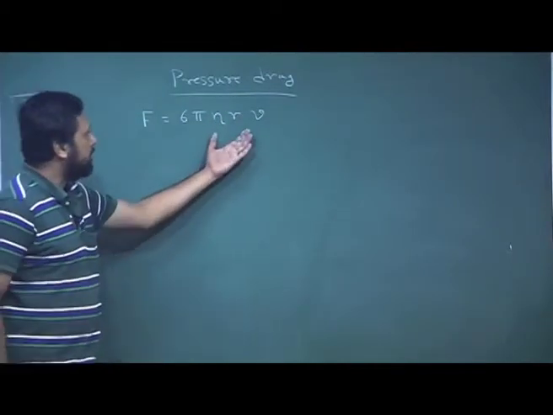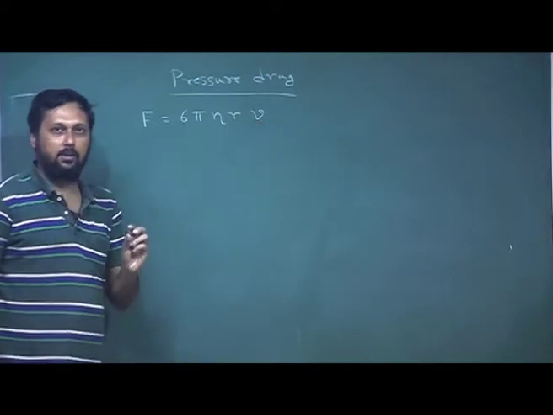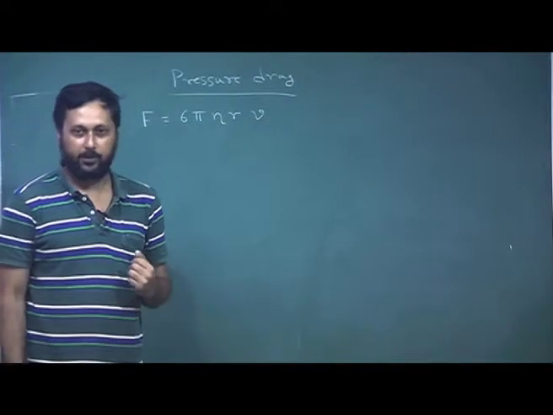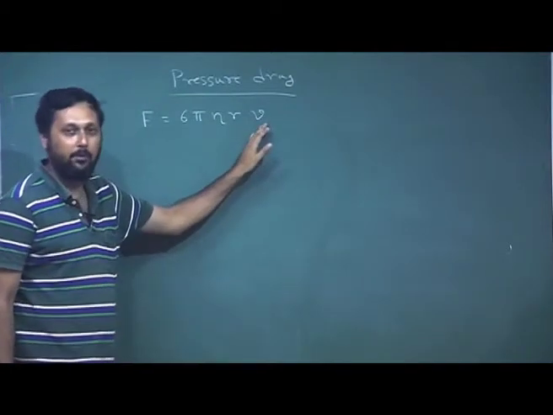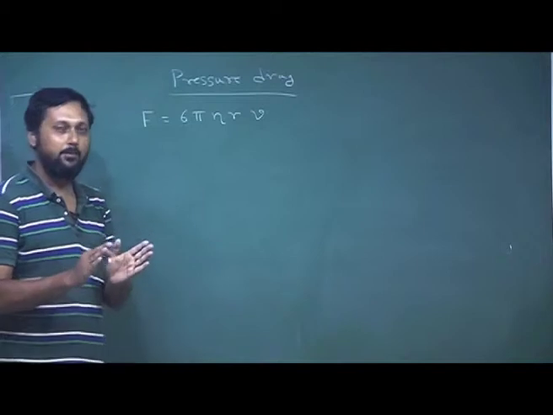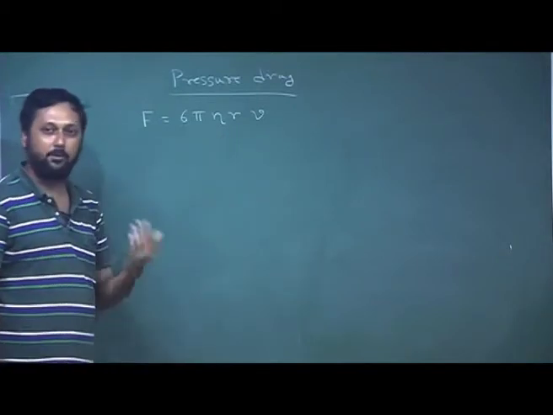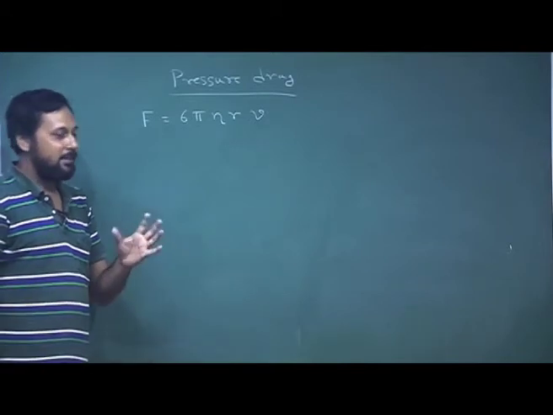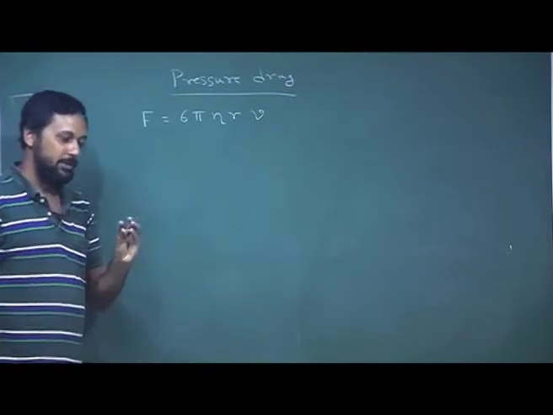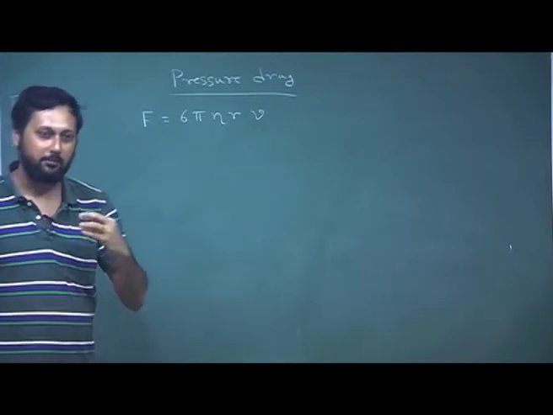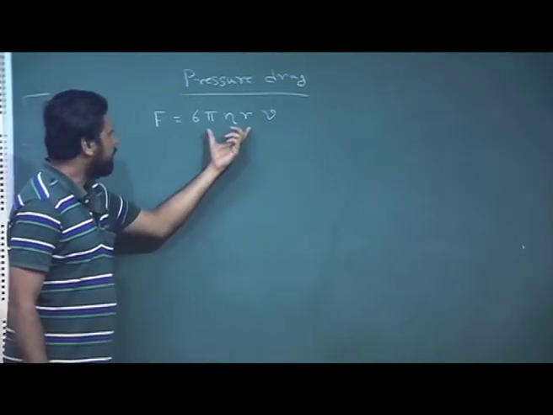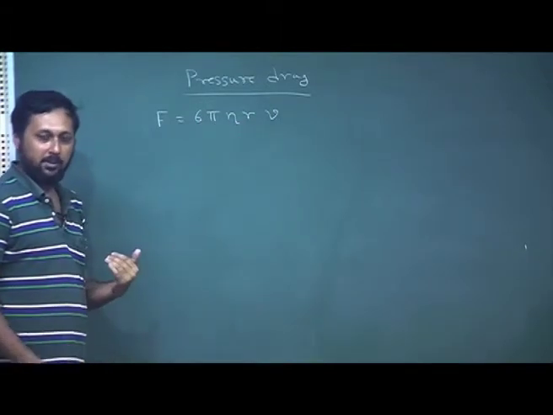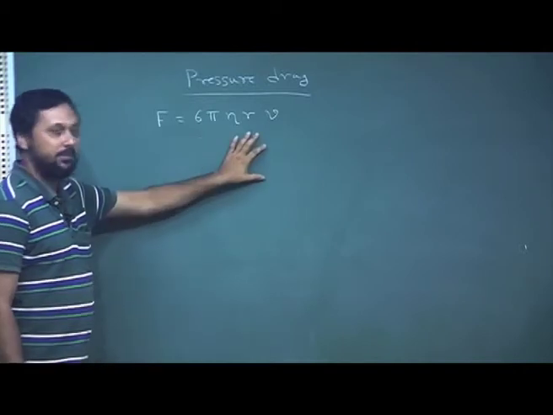This is valid for a very regular shaped object which is moving slowly enough inside the fluid. The v has to be small, there are certain limits put on v in terms of the Reynolds number, and I am not going into the details of that. But as a thumb rule, if it is a well shaped small object moving with a limited speed, then we can assume that this Stokes law is a good approximation of the drag on this object, and we call it the viscous drag.